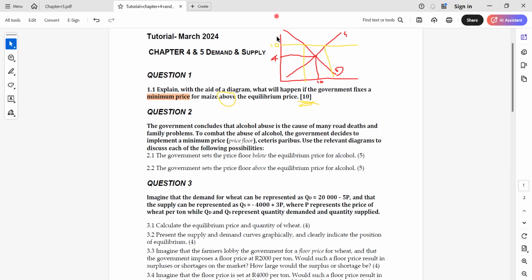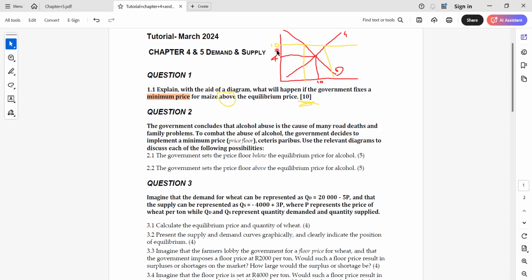They cannot charge a price below this price. You understand? They can charge 10 rand and above for maize meal.